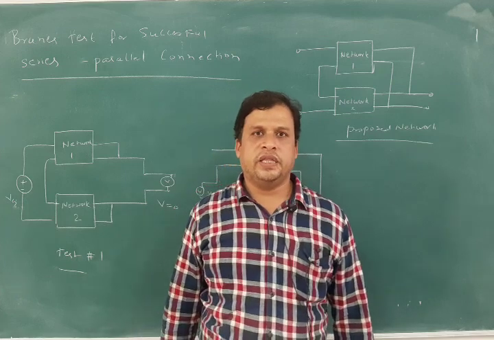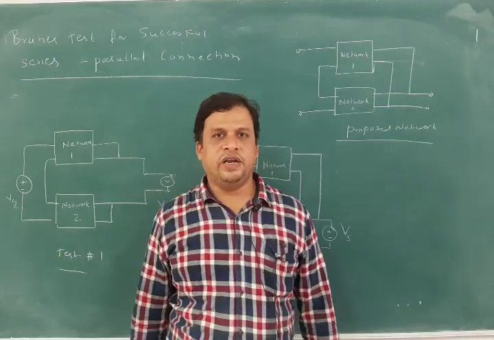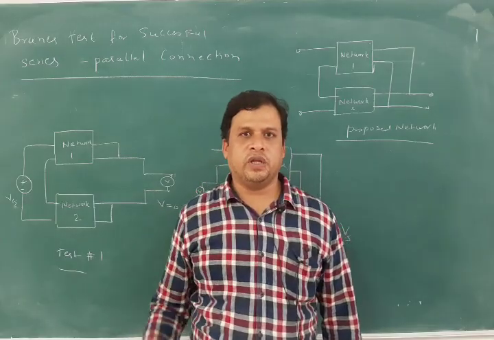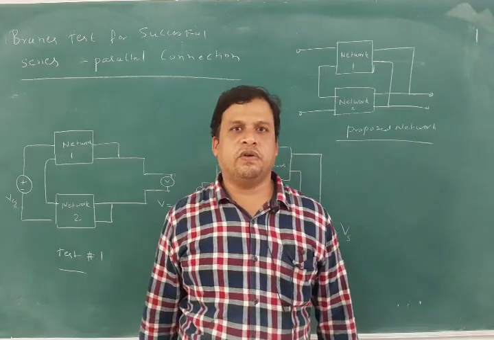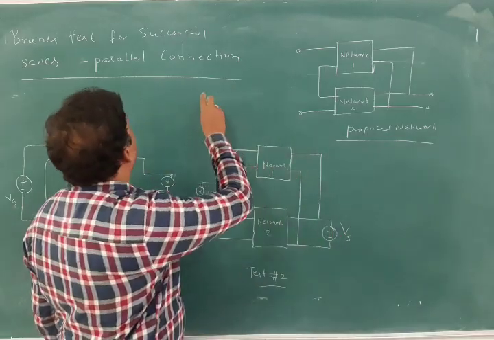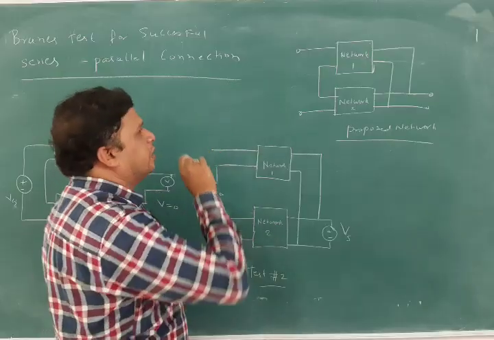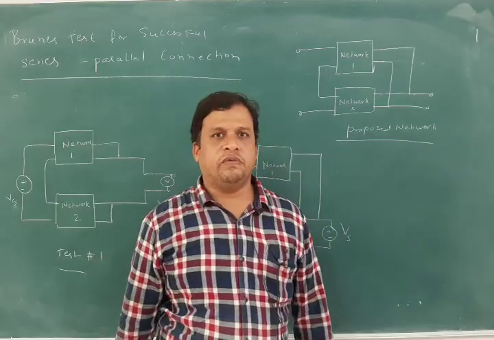These things are very useful when combining two port networks, and we will go to the next topic in the next class. So we have completed this particular topic, the Brune's test for successful interconnection of two port networks. Thank you. We will continue in the next class.